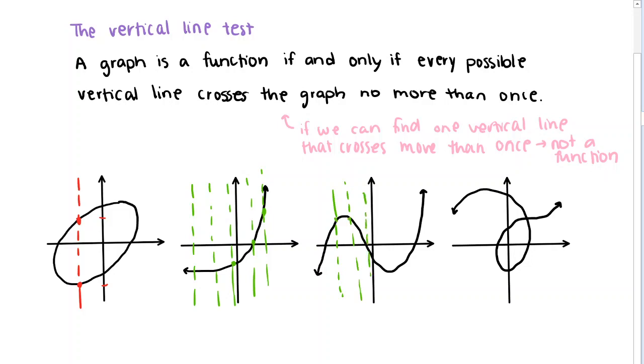Everywhere I can imagine drawing a vertical line, it touches my graph just once. And then this last example, there is a vertical line I can imagine drawing that touches my graph only once. But because there's even one vertical line that touches it more than once, this means that this is not a function. Okay.